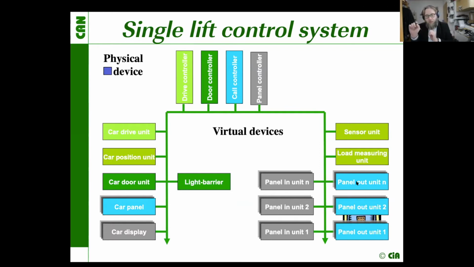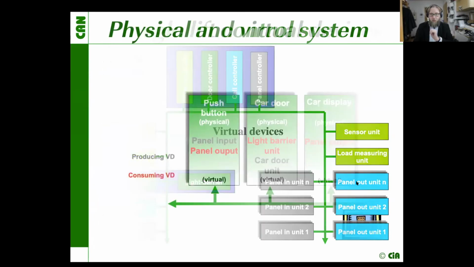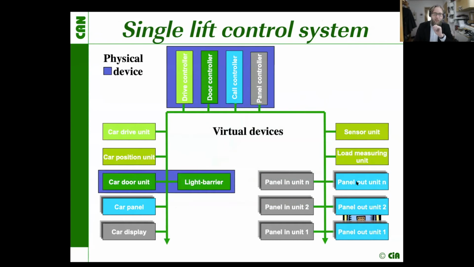As I said, with the panel, I have the button and there's a light. So we have one physical device, which normally involves a panel input and a panel output. That means I have one physical device. But a panel output could also be a separate device. The same is true for the car door.